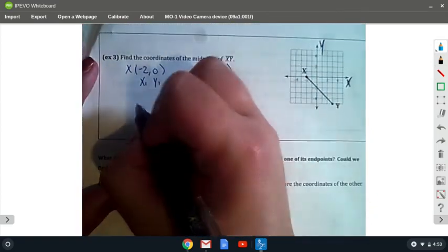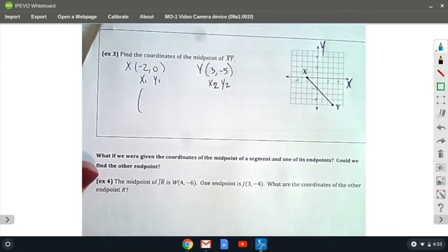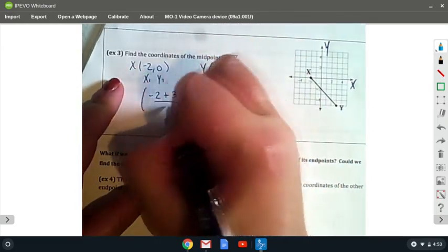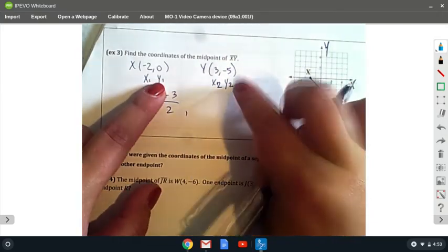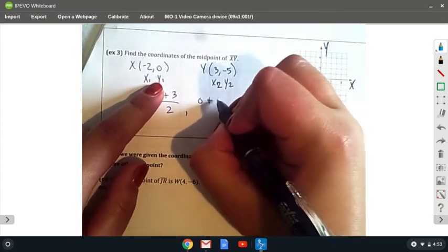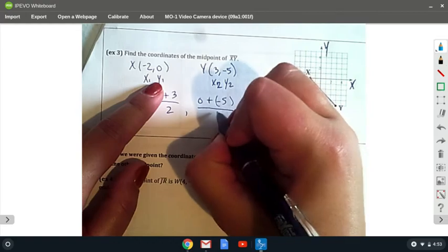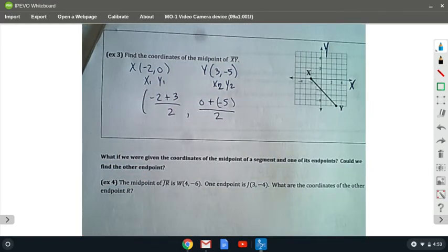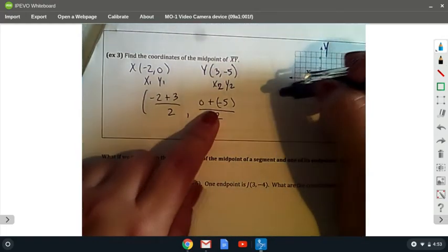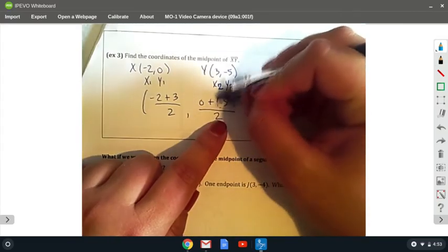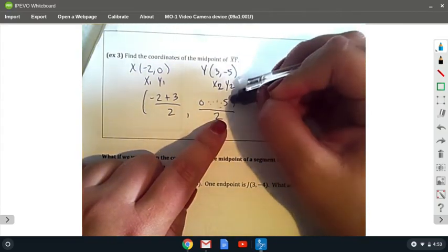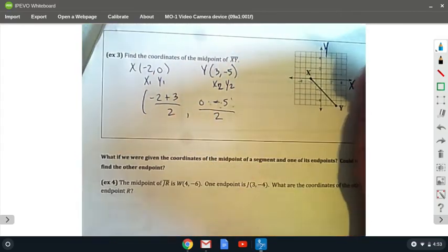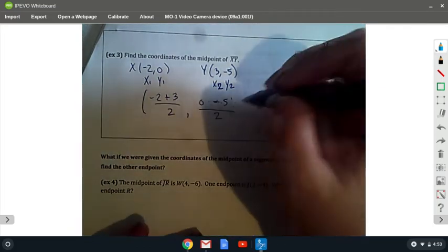Now I'm going to go ahead and plug it into my midpoint formula. So the midpoint formula says add the x's: -2 plus 3, divide by 2. Add the y's, 0 and -5, divided by 2. Just pointing this out, I added a -5. Addition next to subtraction is just going to be subtraction. So that's -5.